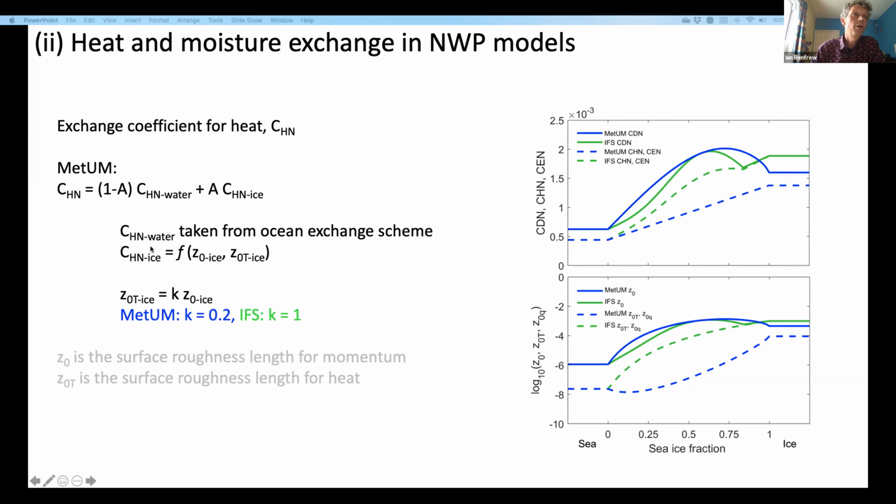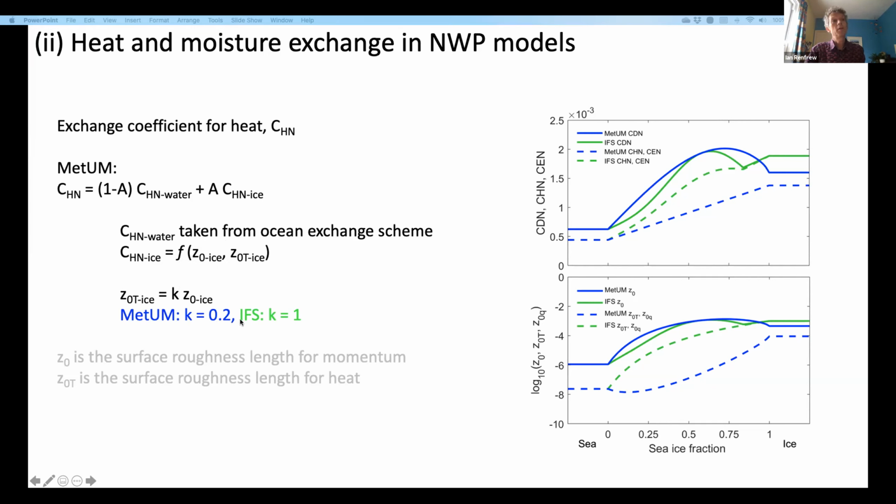Naturally you would take CHN water from the ocean exchange scheme so that it all fits smoothly with your open water area. And your CHN ice, the exchange coefficient for heat over ice, would typically be set in these models to be a function of the roughness length for ice and the roughness length for temperature for ice.